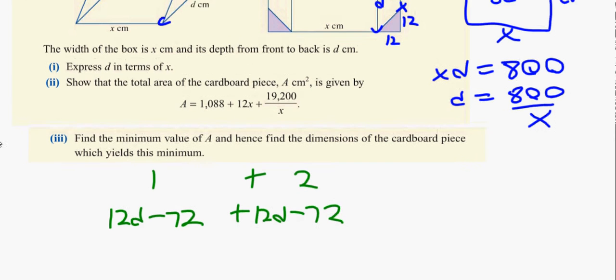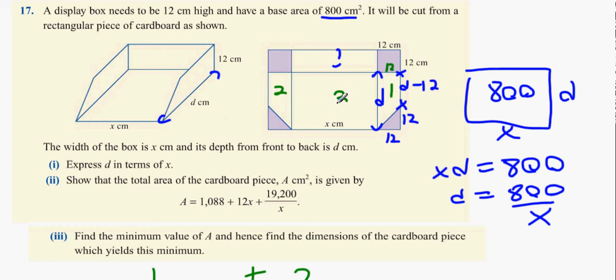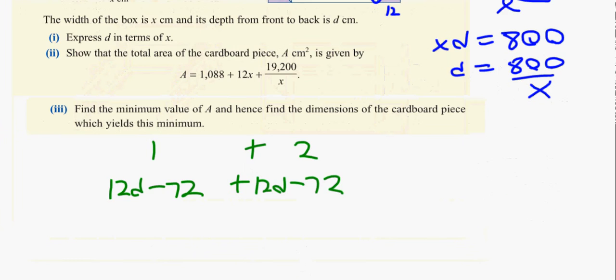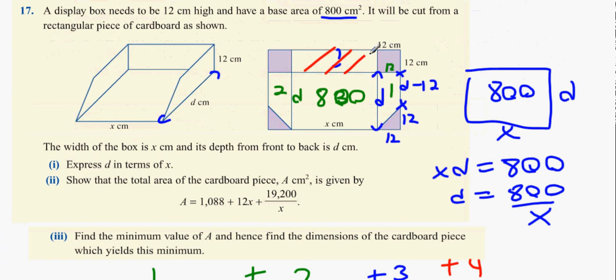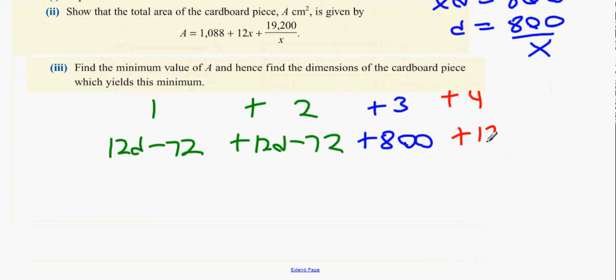Then area 3 is going to be D by X or XD, but we know it's 800. And finally area 4 is the base one here, which is X by 12, which is 12X. And this is what the surface area is.